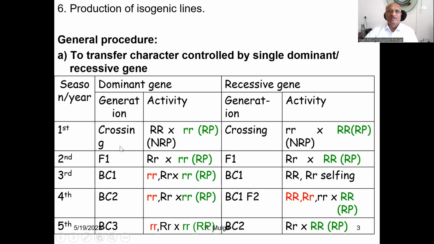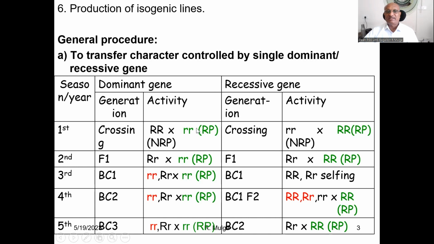First generation, crossing the non-recurrent parent with the recurrent parent. So for example, let us take one gene you want to transfer from the donor parent. That is a dominant gene. That means, for example, if the disease resistance is controlled by a dominant gene, you want to transfer it from the donor parent, or non-recurrent parent, capital R, right?